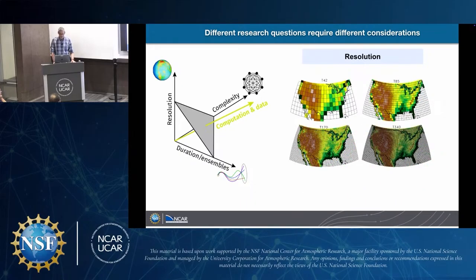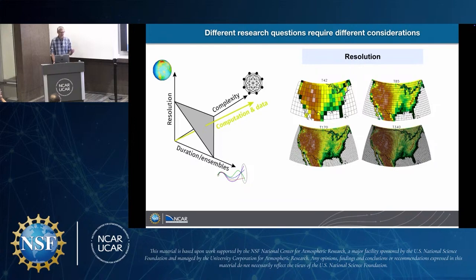And then the last one is resolution, and this is a very old figure now, but the resolution cost goes up very dramatically because you have to change not only the grid cell resolution, so the number of cells you're representing, but also the time step usually has to go down, so everything costs more.